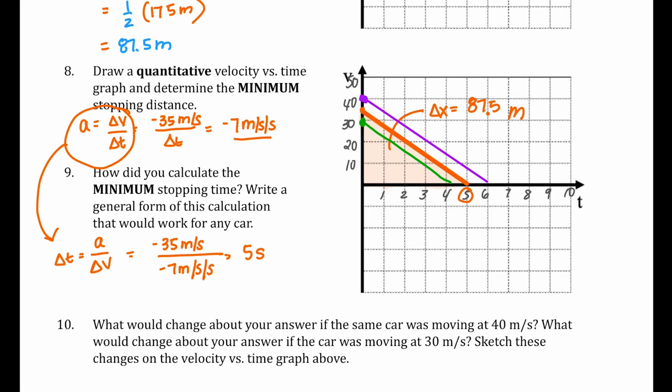So the acceleration continues to be negative 7 meters per second per second, but then we see our lines change. So I saw that at 30 meters per second, then our delta x becomes this area, and it's slightly smaller than when it was at 35 meters per second.